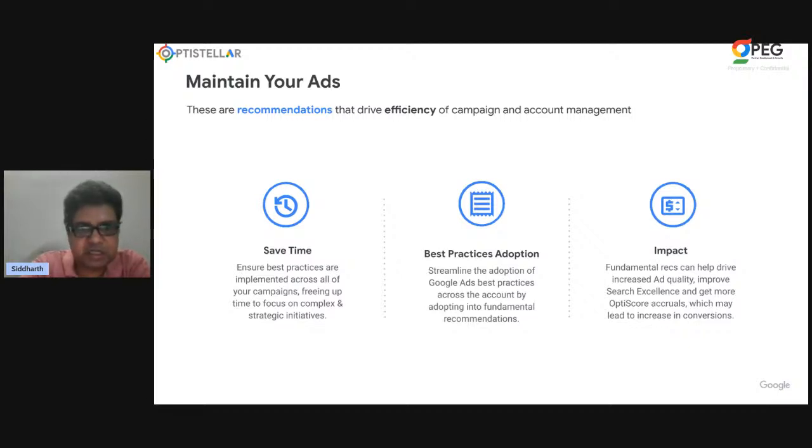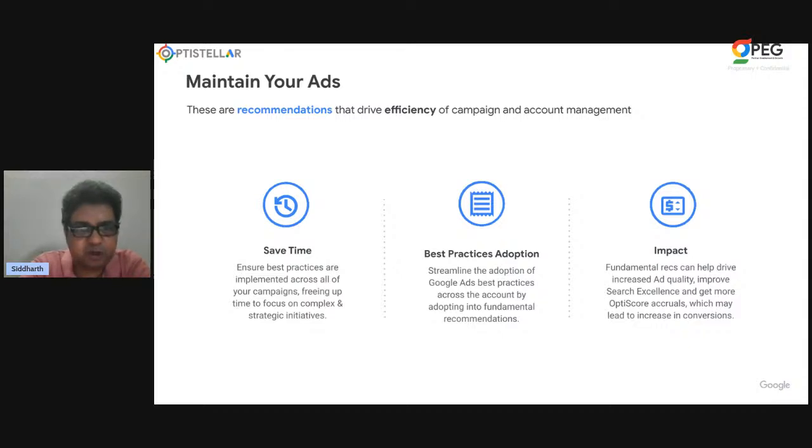Once you see how they apply to your accounts, it makes sense to opt in to these recommendations for most of them. Then the overall time you have to spend on recommendations, or on making sure your account health is okay, will considerably reduce, because you have made sure that at least the standardized best practices are being followed across most of your accounts.